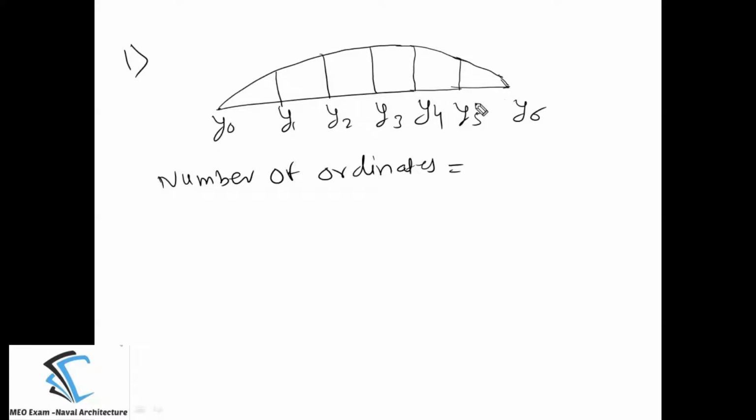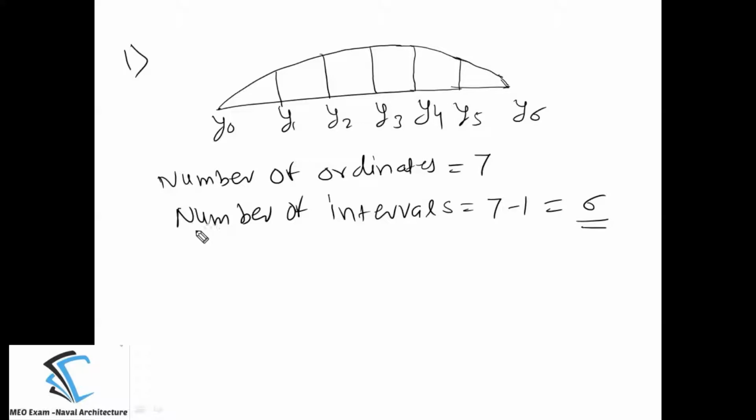So how many ordinates do you have now? We have 7 ordinates. So the number of intervals becomes 7 minus 1, which is 6.